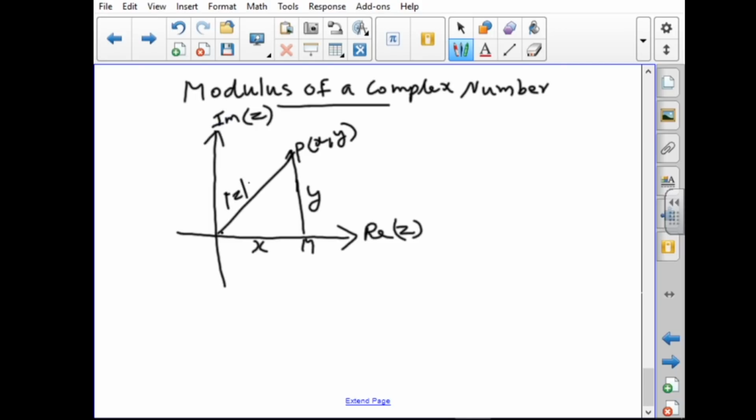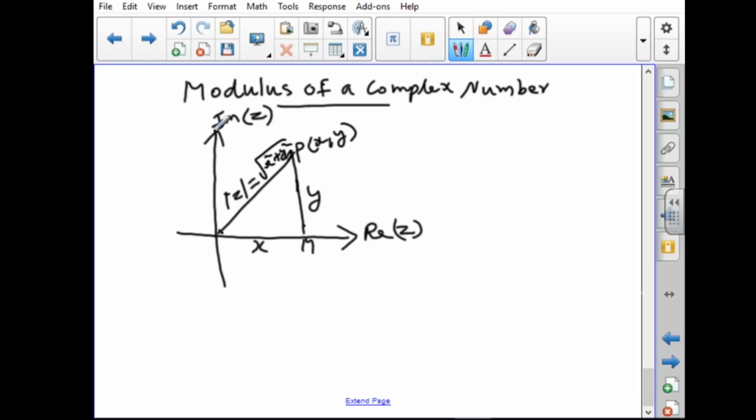So it is nothing but we have seen in Pythagoras theorem, square of the hypotenuse is equal to sum of the squares of the other two sides. So based on that we get modulus of z is equal to square root of x square plus y square. Therefore, modulus of a complex number is the distance of that number from the origin in the complex plane.